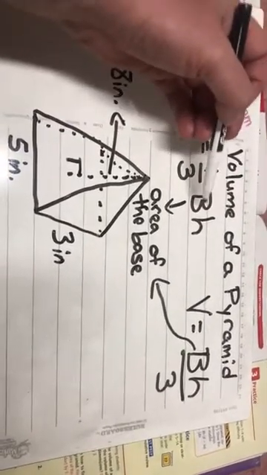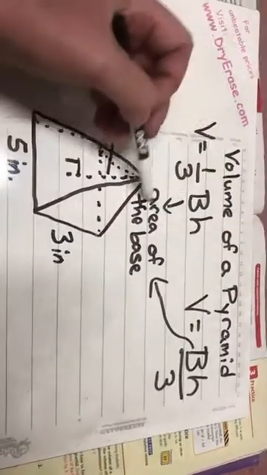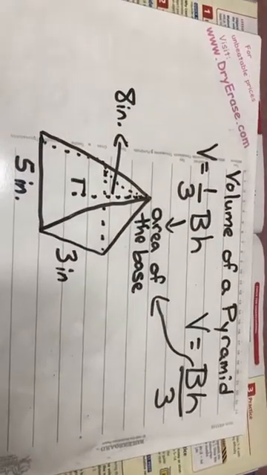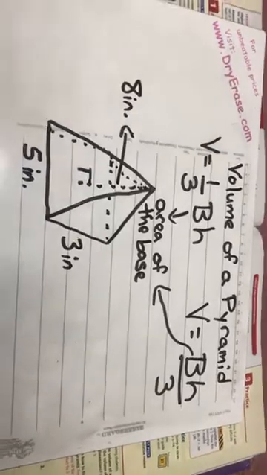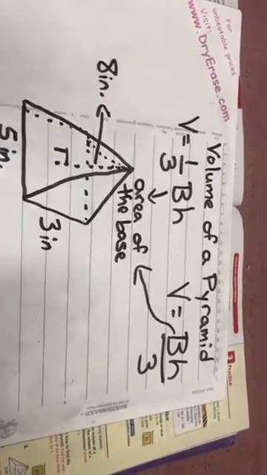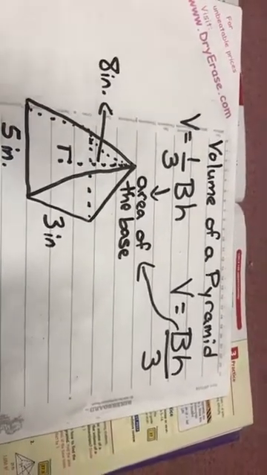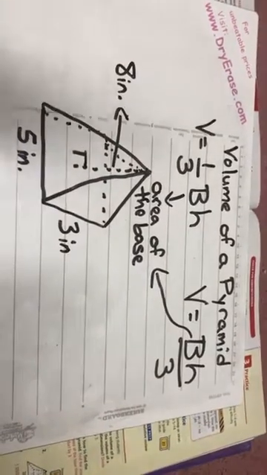Now this capital B, and I draw these arrows because I want to make sure you understand that, means the area of the base. It's not just saying base times height. The capital B means it's the area of the base.